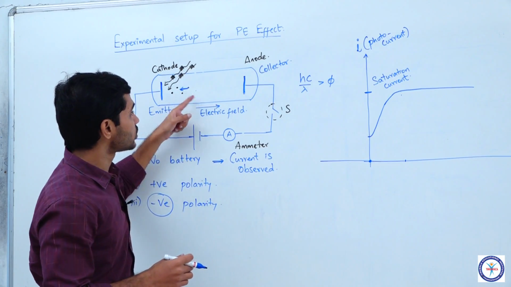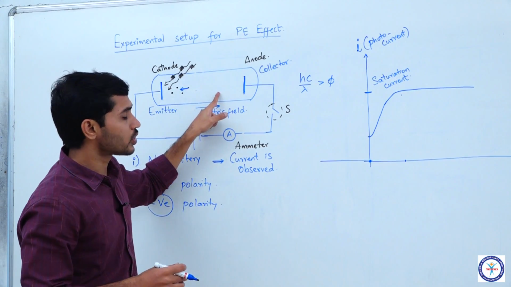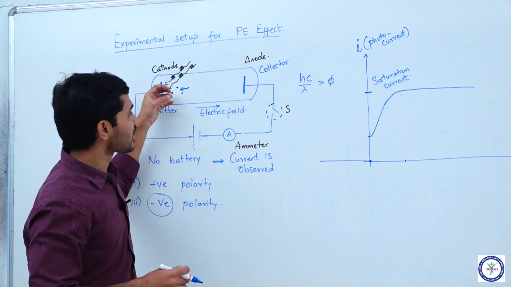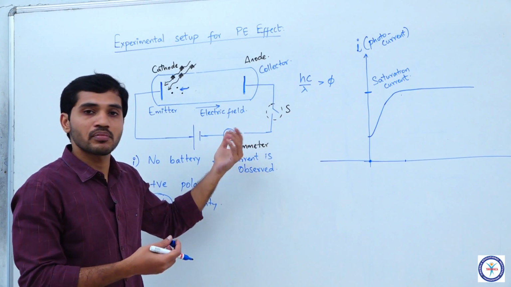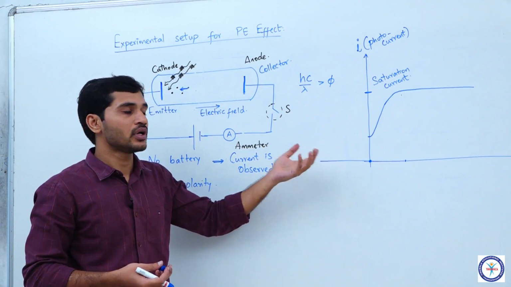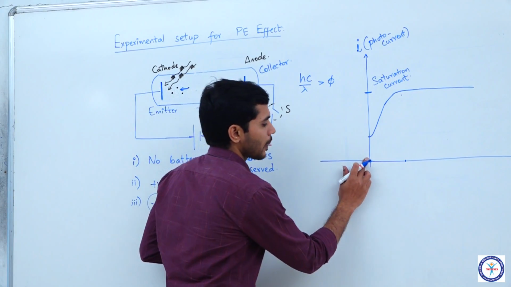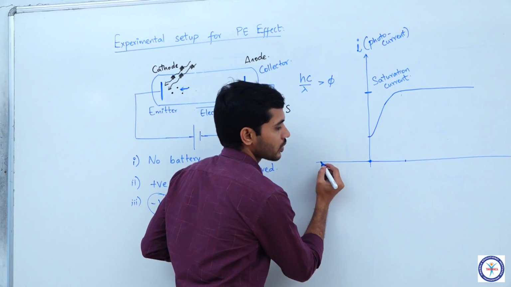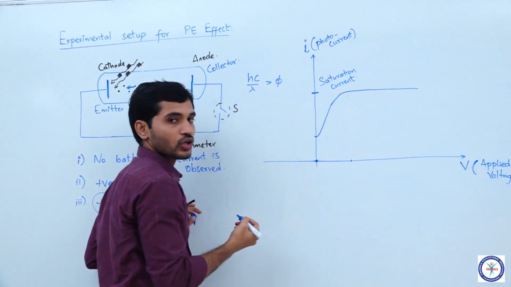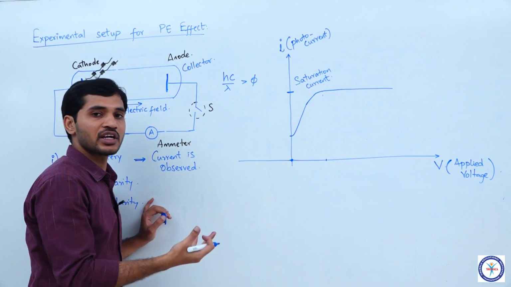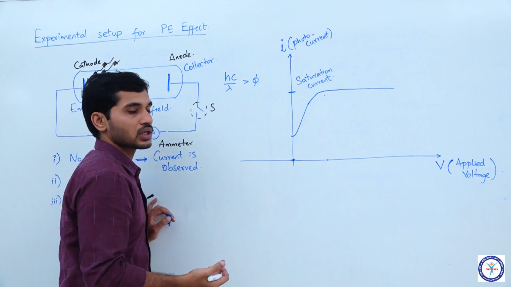In the process of losing their kinetic energy, they slow down, and even the fastest moving electrons, maybe some of them might be able to reach the anode, but most of them will not. So, what you will observe is that when the voltage is negative, the current keeps falling down, because it becomes difficult for the electrons to reach the anode.